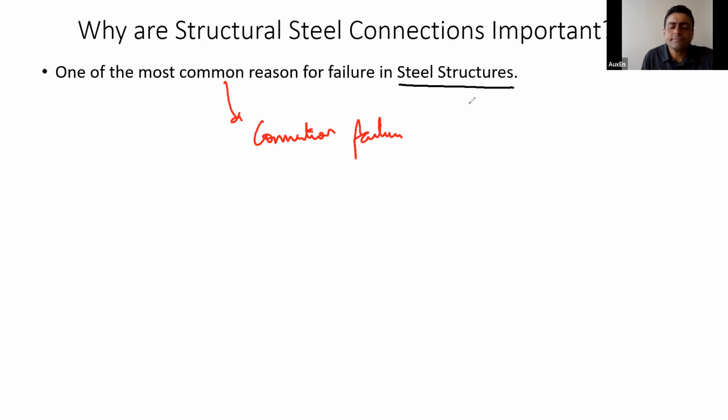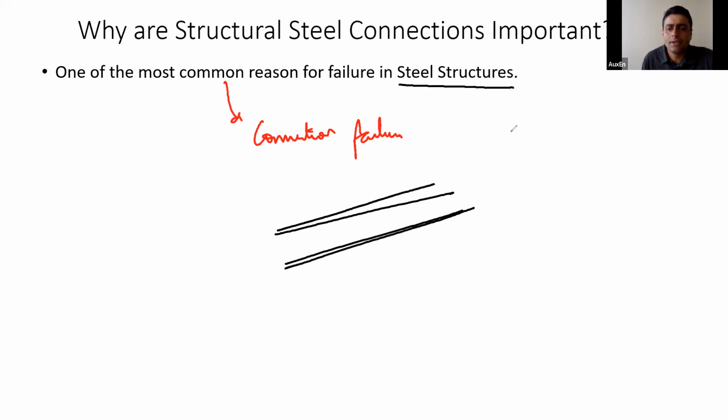Okay, have you seen or read about any steel structure failing, where the failure was due to connections? Anyone? No. Okay. Mr. Asad is saying that in PEB, he had come across a failure where the failure was due to improper connections.